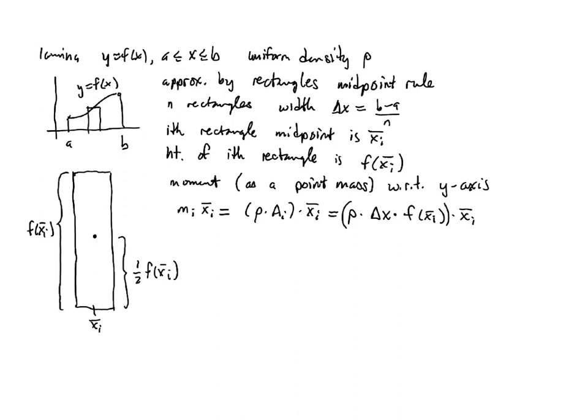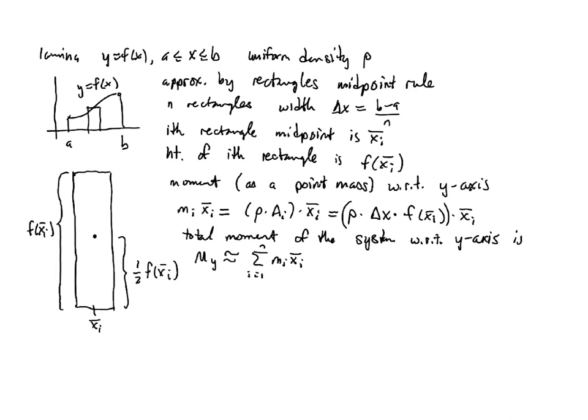Okay. And that tells us that the total moment of the system with respect to the y-axis, that's what we would call My, and this is an approximation in terms of the rectangular approximation, so that would be the summation i equals 1 to n of the mi xi bars, which, since we have the expression up above here, this is precisely the sum, i equals 1 to n, and I'm going to rearrange the terms.